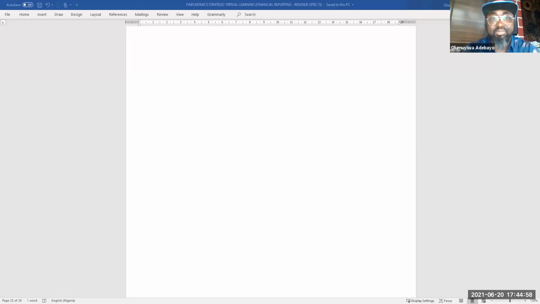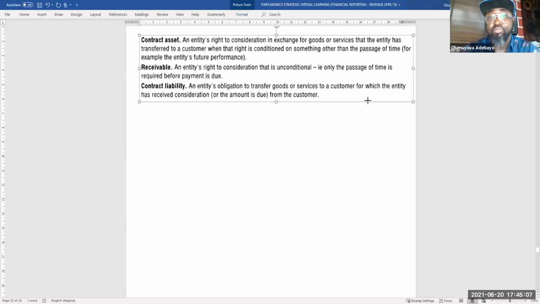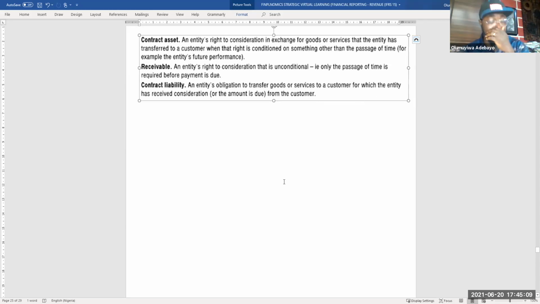Now, let me refresh our memory so that I can compare it explicitly. Now, the standard defined a contract asset as when an entity has a right to consideration in exchange for the goods or services that the entity has transferred to the customer, when that right is conditioned on something other than the passage of time. Now, what does that mean?